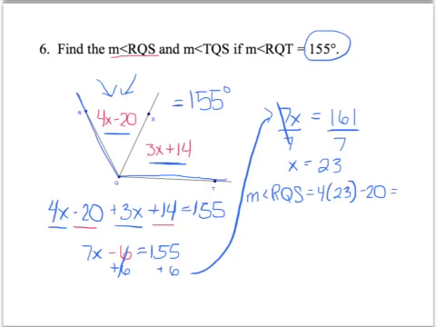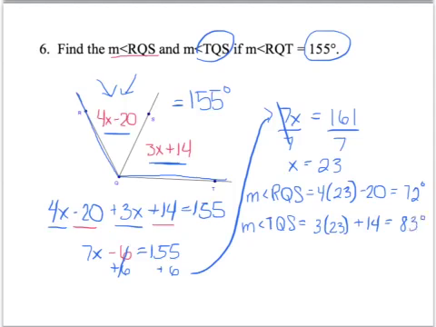That would be better yet. You're going to get 72 degrees. Now let's go ahead and find the measure of angle TQS. Again, x is still 23, so instead of 3x plus 14, we're going to have 3 times 23. Take that product, then add 14. You should have 83 degrees.